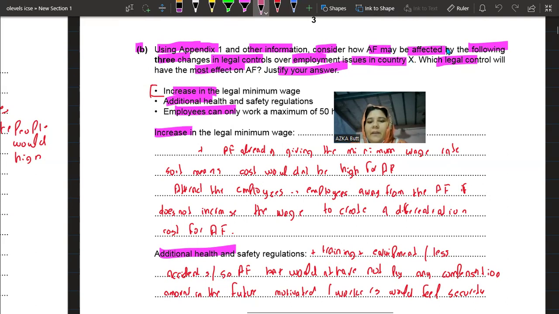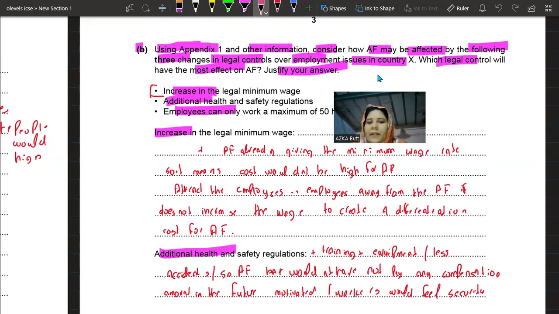Consider how AF may be affected by the following three changes in legal controls over employment issues in country X. Maybe you know this thing, that the factors which can influence your business can be internal factors or external factors. If something is happening within the business, it can affect your business activity, and something happening outside the business can also affect your business activity.